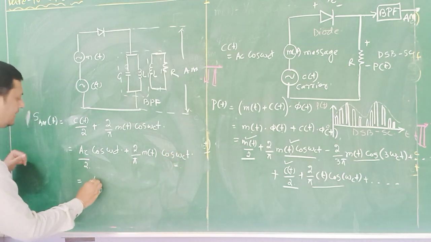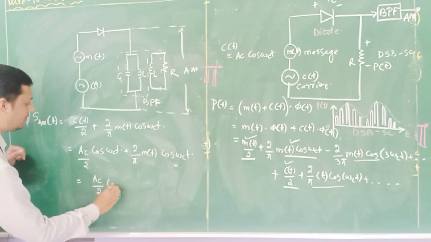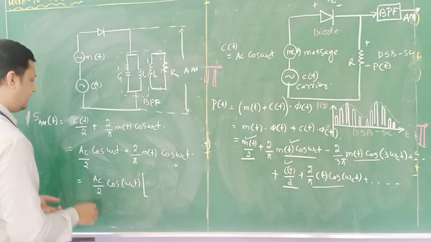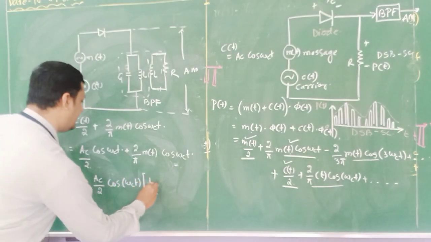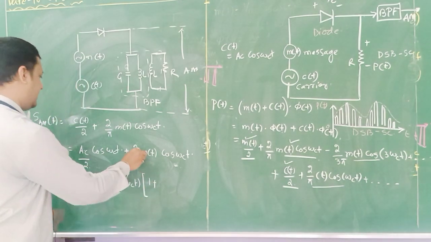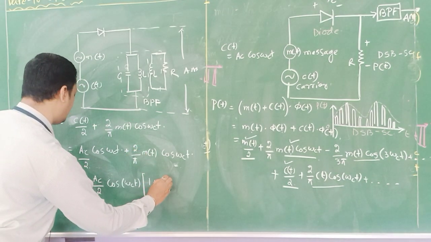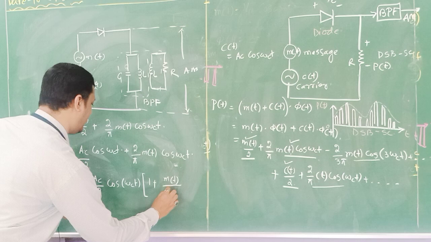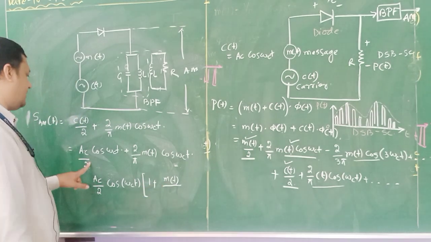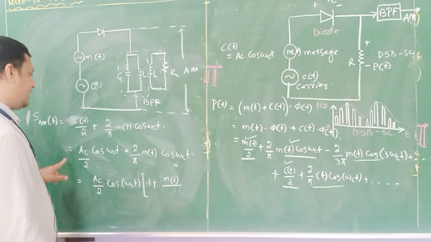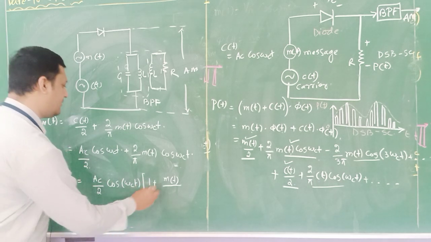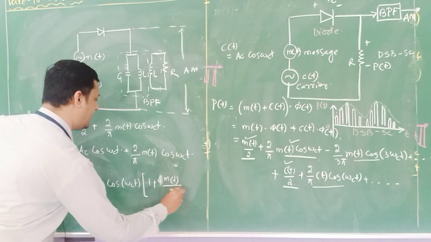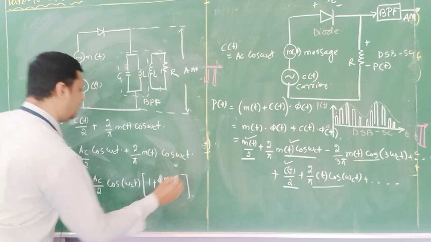So here if you take AC by 2 cos omega Ct as common, you will get 1 plus, here we can substitute M of t divided by 4 pi, or it is how much? If I take half outside, I need to multiply half to it. Okay, so it is 2, so it will be 4 M of t by pi into this one.